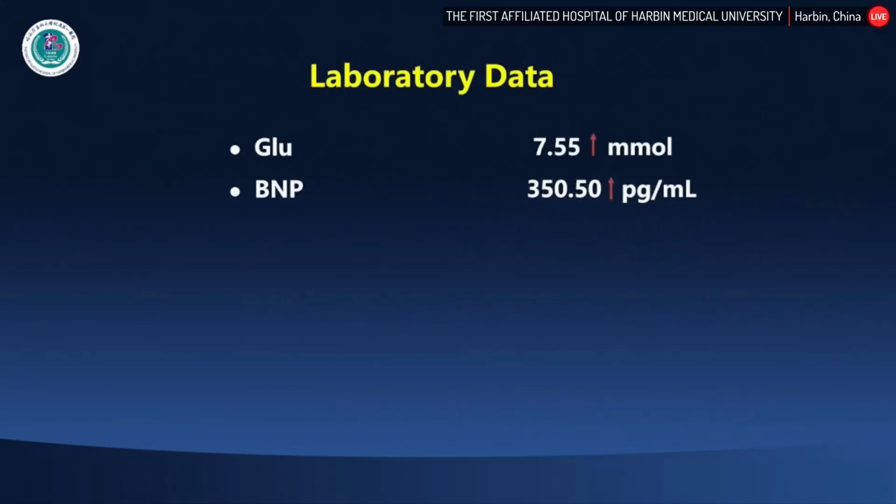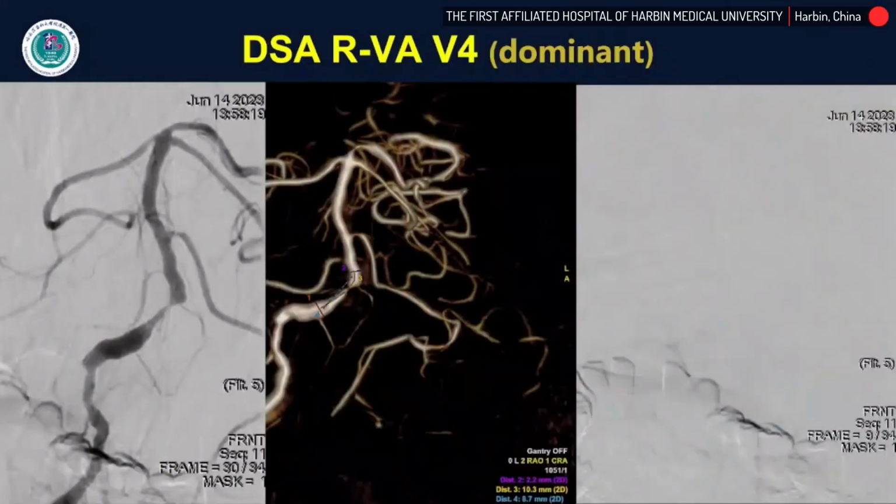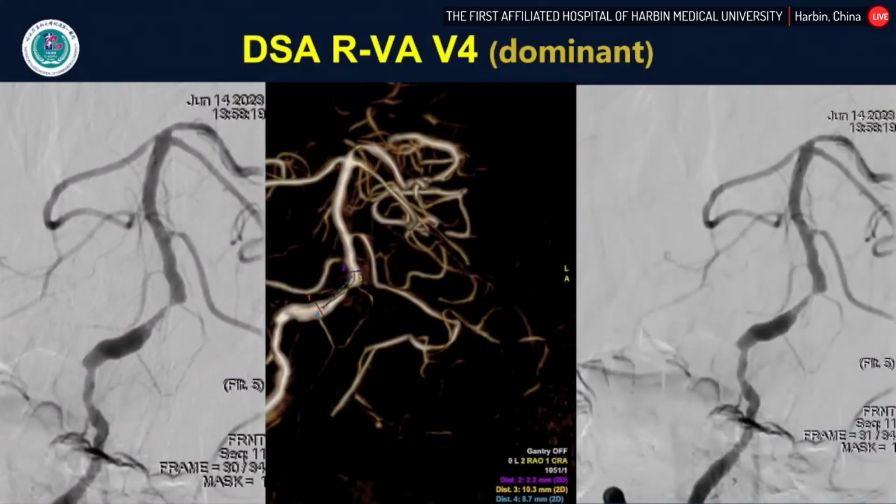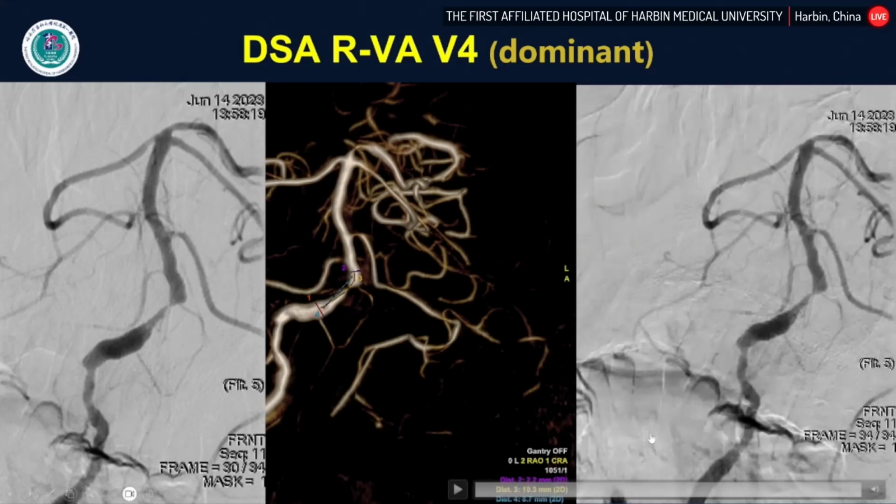Let me show his lab data. We can see the glucose is abnormal and his BP is abnormal. Now this is the DSA result. We can see the junction between the basilar artery and the right vertebral artery has stenosis larger than 70%, just like here. And this is the angiography result.